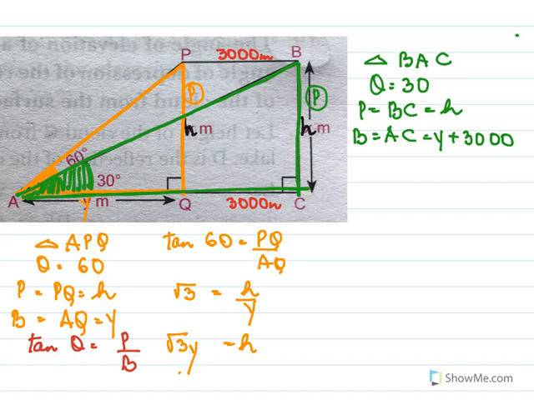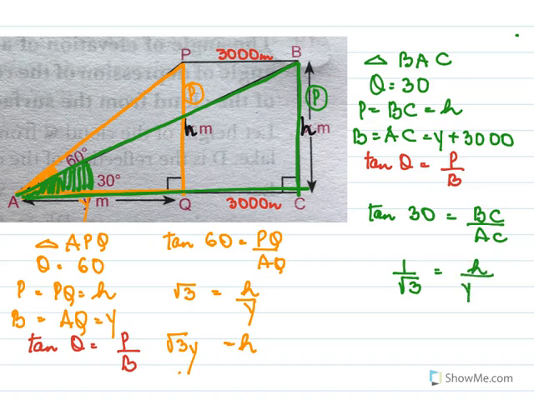This entire thing is the base here. So again we do tan theta, perpendicular over base. So we have tan 30, perpendicular BC, base AC. Tan 30 is 1 by root 3, equal to h over y plus 3000. So cross multiply: y plus 3000 over root 3 equals h.